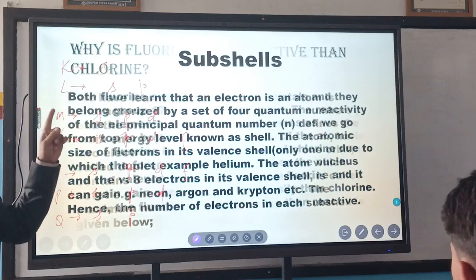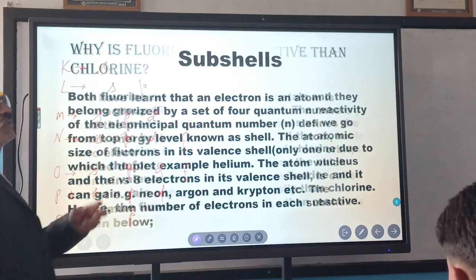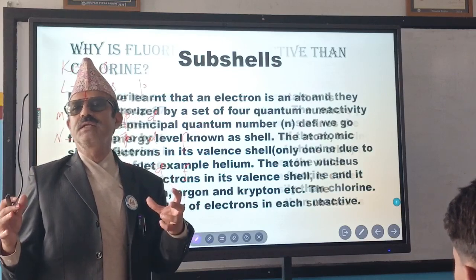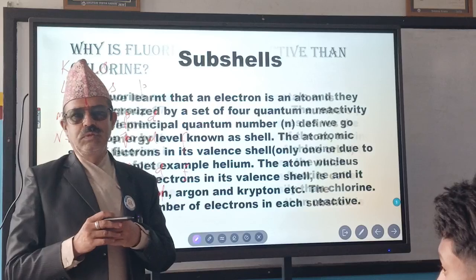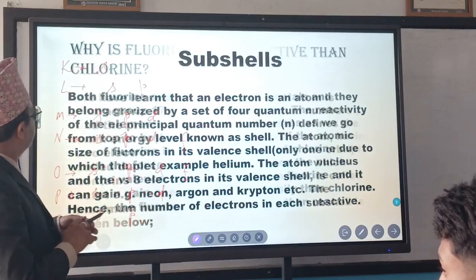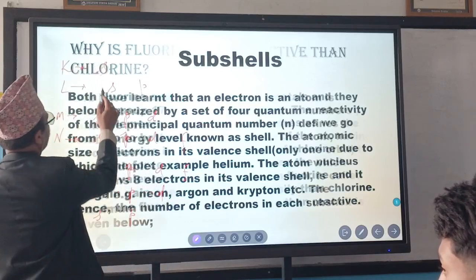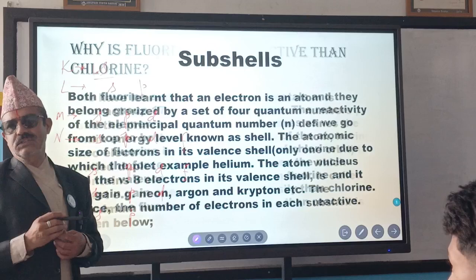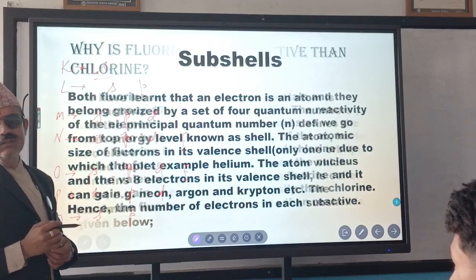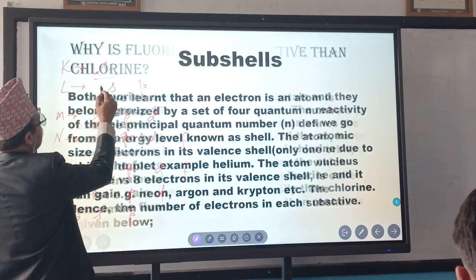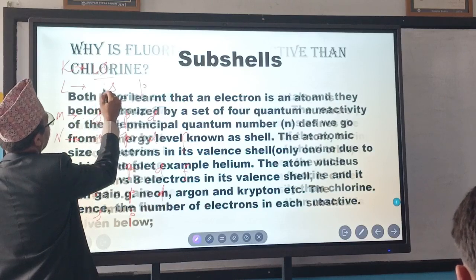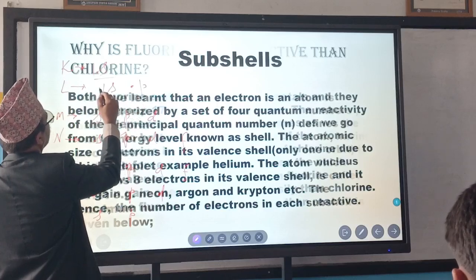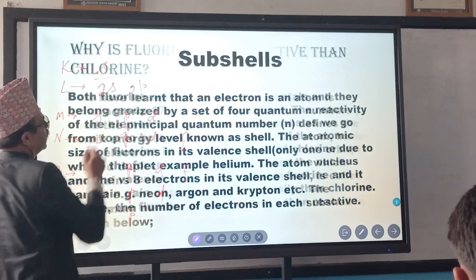K, L and so on, these are the energy levels. Energy levels mean the region where there is more probability of getting electrons. Right? So K shell contains only one subshell. What is that? S. So we can write 1s. L contains how many? 2. What are they? 2s, 2p.